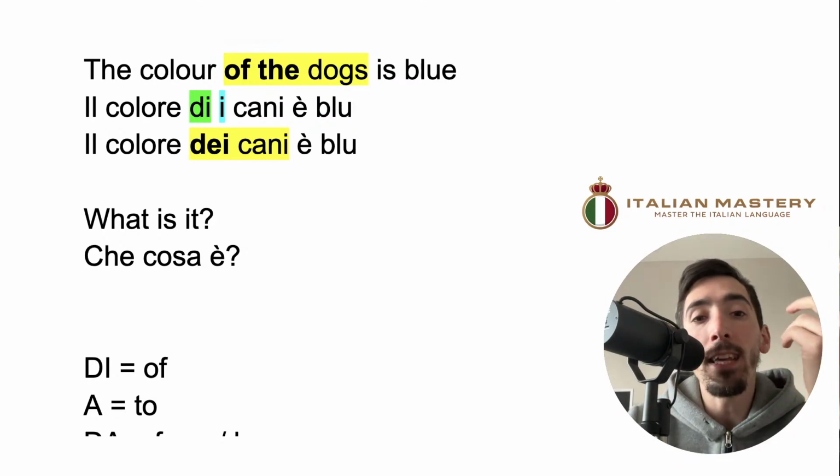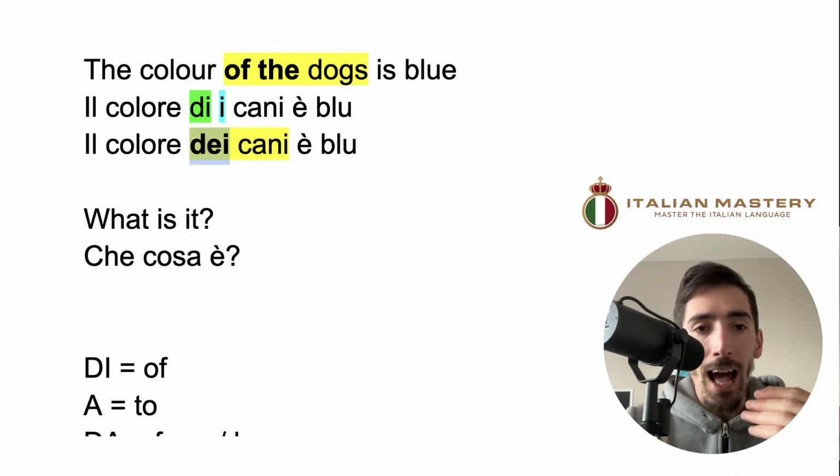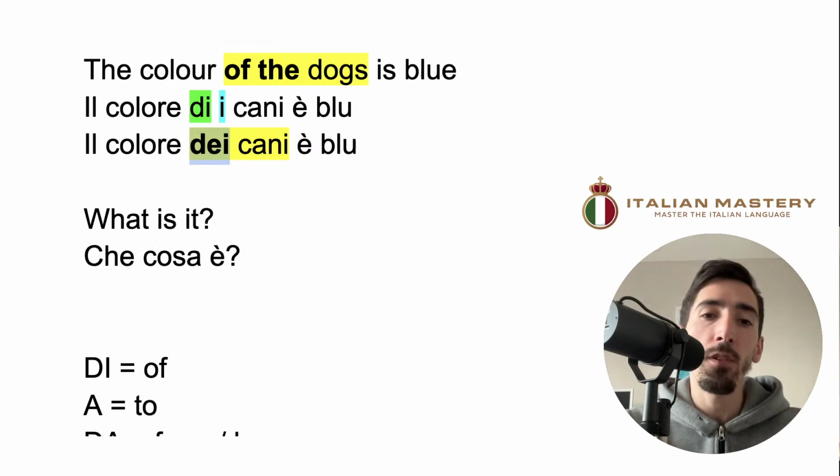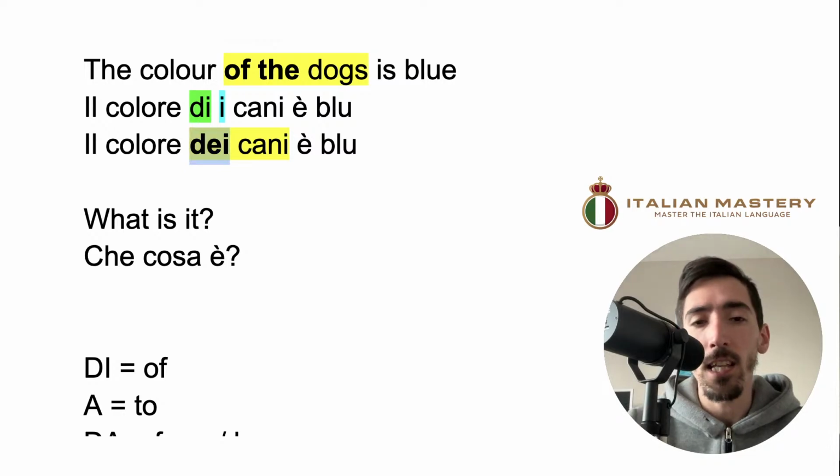There aren't many cases, and the ones that happen, happen all the time. If you listen to an Italian speak, the word dei is probably pronounced 10 times every 5 minutes. Very, very common.